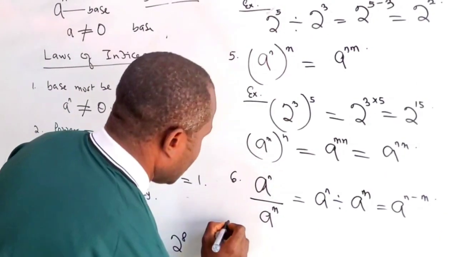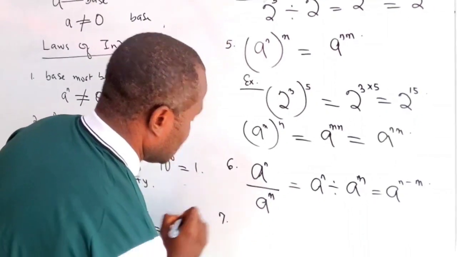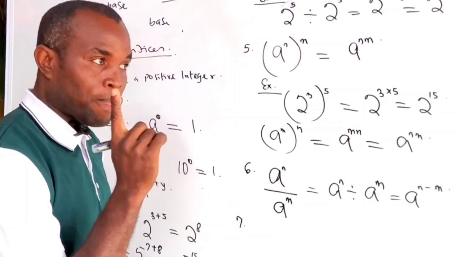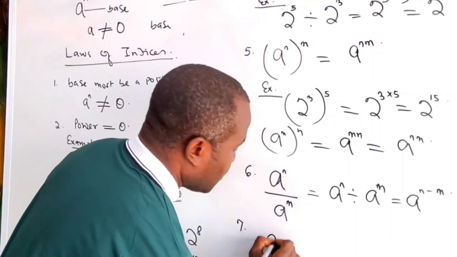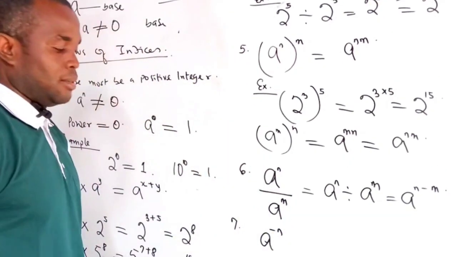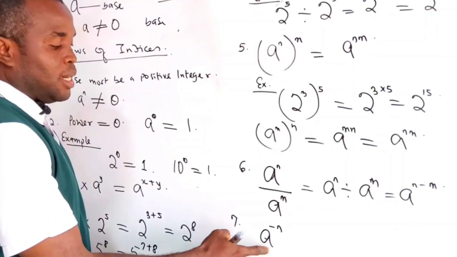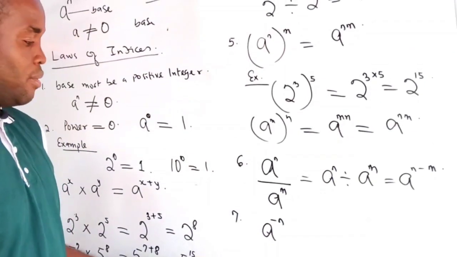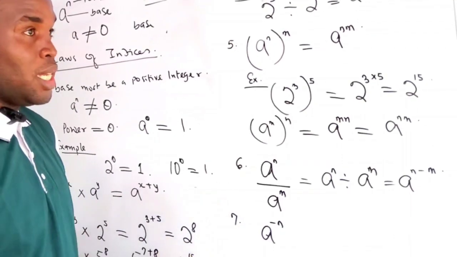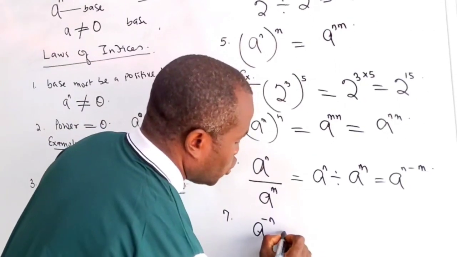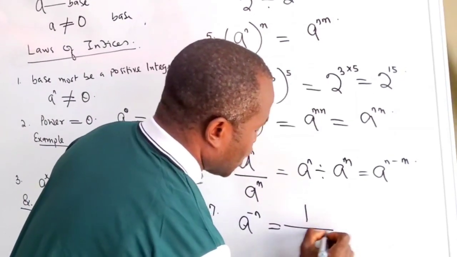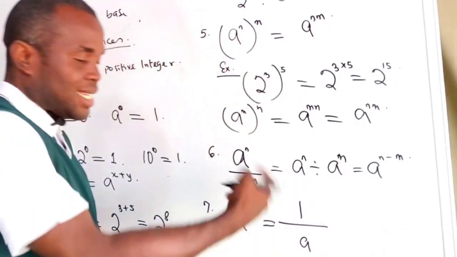So let's take some other one. If you have a negative power, what do you do to that? A raised to power minus n. Because you can have your power as negative, which means it can also be a negative integer. So what you do is simple. This law says that you have it as 1 all over a raised to power n.